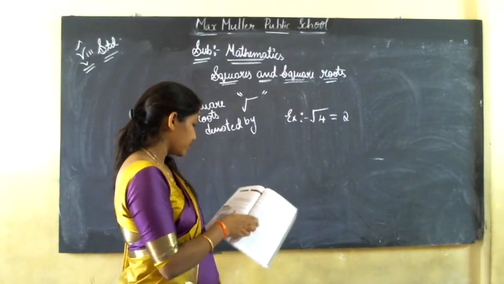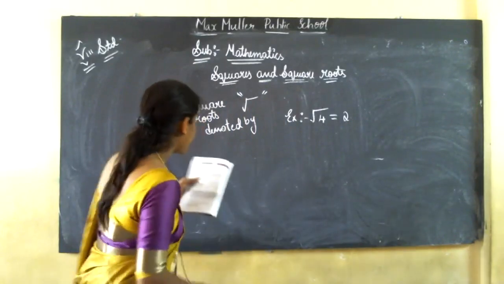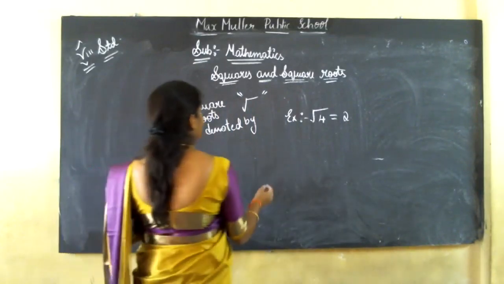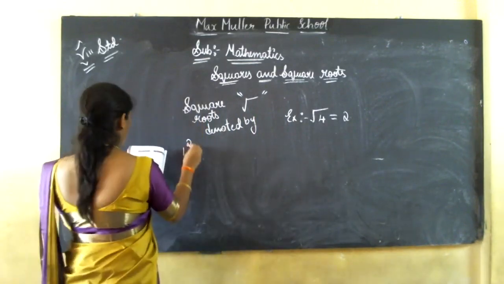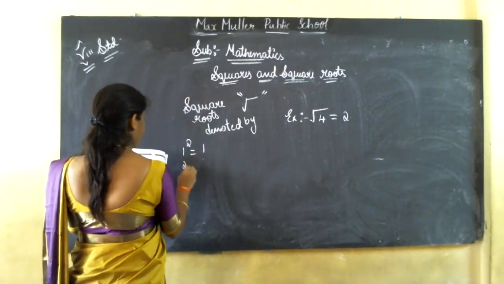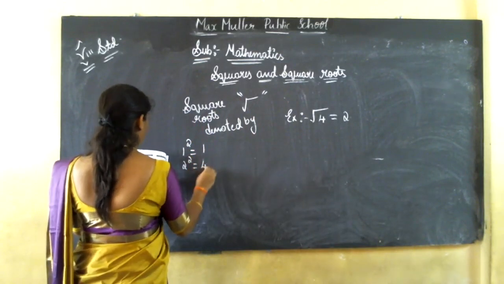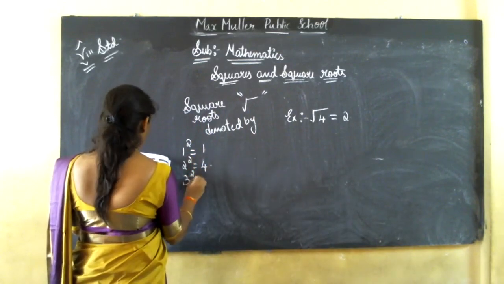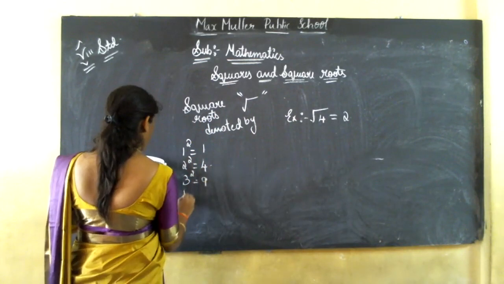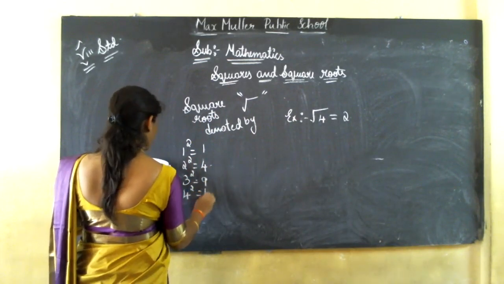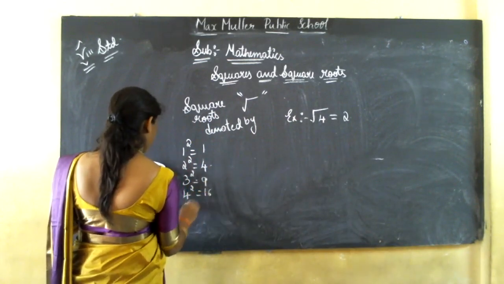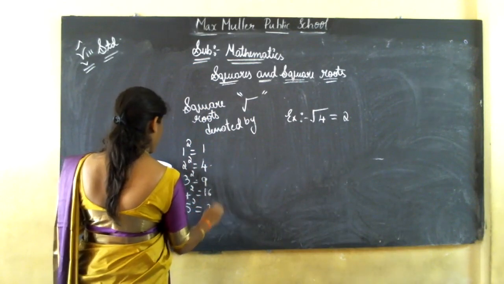Next, write down: 1 square is equal to 1, 2 square is equal to 4, 3 square is equal to 9, 4 square is equal to 16, and 5 square is equal to 25.